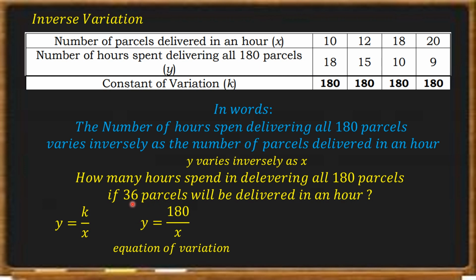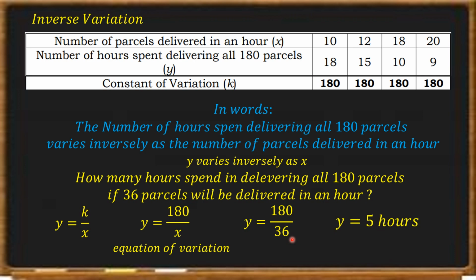Ilang oras ba natin matatapos yung 180 parcels kapag bawat oras 36 parcels ang i-deliver natin. So maramihan kaysa yung konti lang, matatagal matapos. So kung maramihan na to, mapapabilis ang tapos. Okay, so substitute natin to, yung 36 parcels will be delivered in an hour is 180 divided by 36.